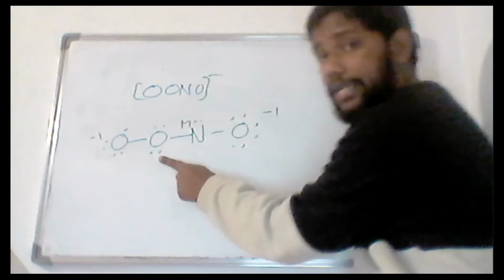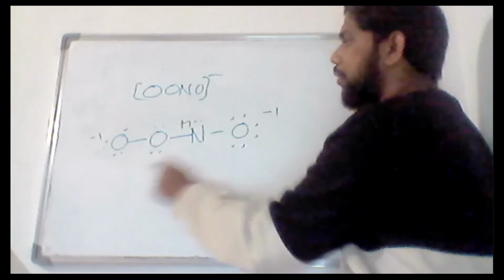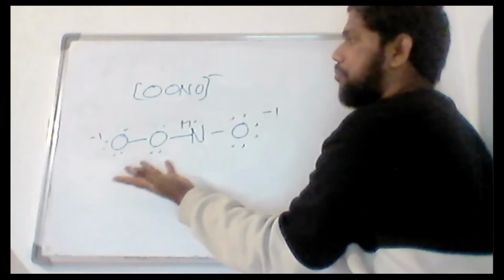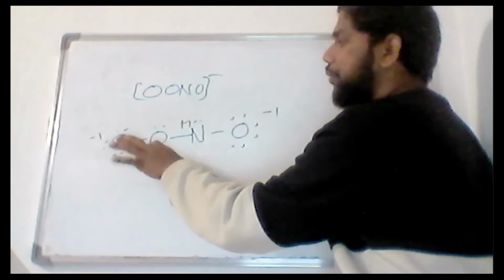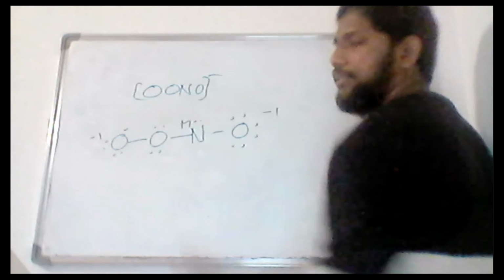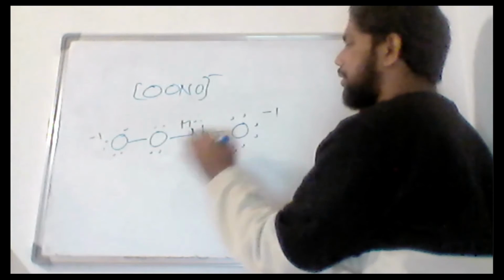Now here you can see this oxygen, the octet is already completed. So there is no point that this oxygen needs to give these 2 electrons to this oxygen, because you don't need to form that, because already there are 8 electrons. So the idea is you can give these 2 electrons to this to complete this octet.